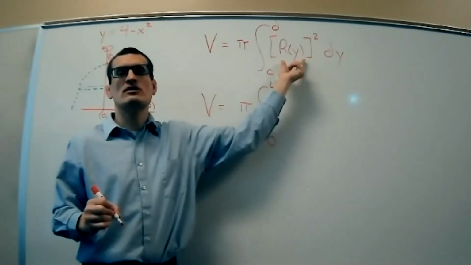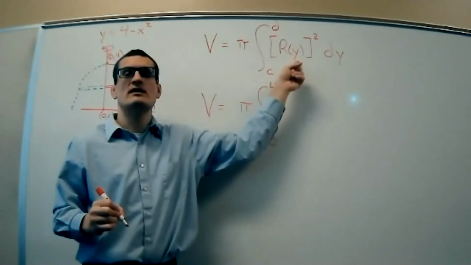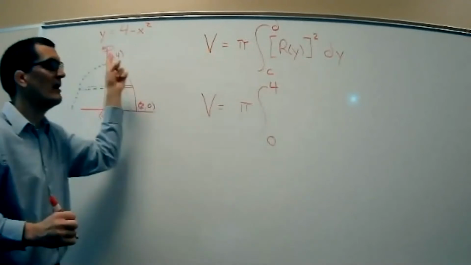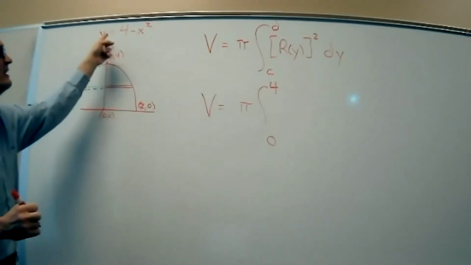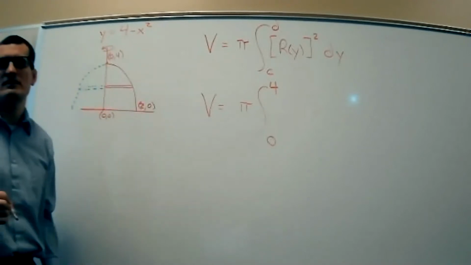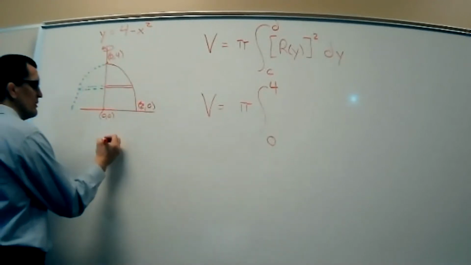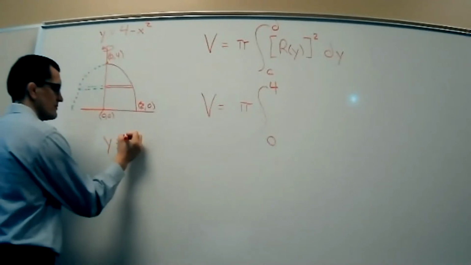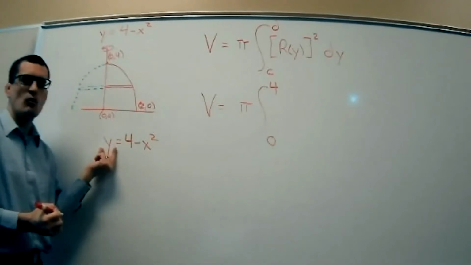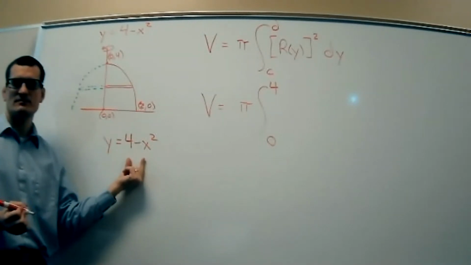Now that also means this function has to be written with respect to y. My function y equals 4 minus x squared is not written with respect to y. This is y as a function of x.